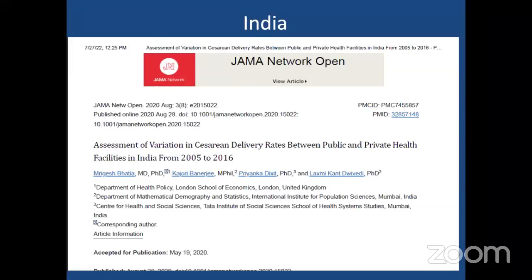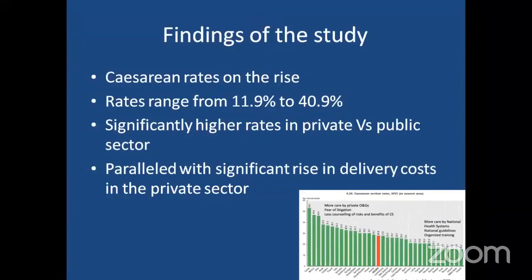And they found the same thing, that there is a huge variation between public and private health facilities even in India. The findings of this study say cesarean section rates are on the rise, rates range from 11 to 40, or rather I should say 12 to 50, significantly higher rates in private versus public, and paralleled with a significant rise in delivery cesareans in the private sector.